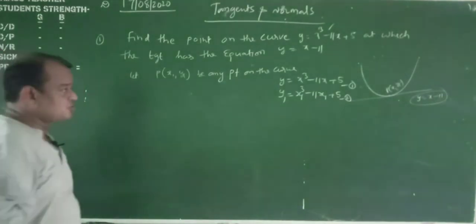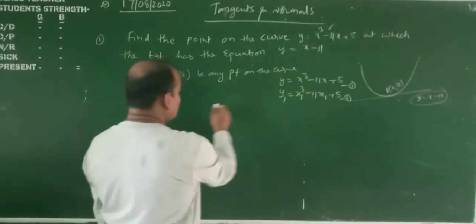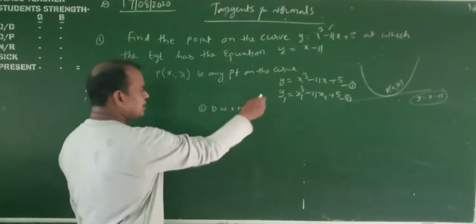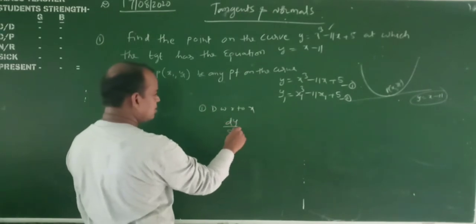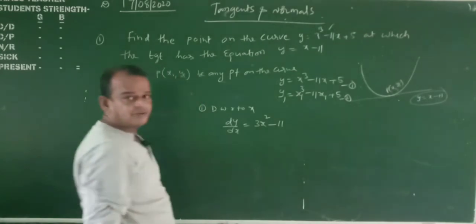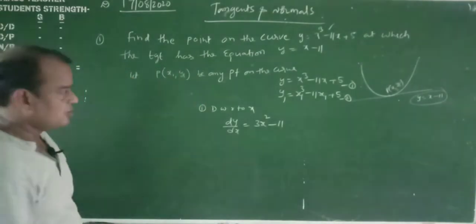Now differentiate with respect to x. dy by dx is equal to 3x square minus 11, since the derivative of 11x is 11 and the derivative of 5 is 0.